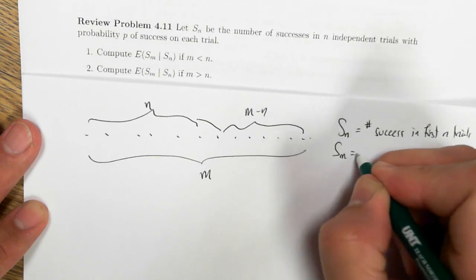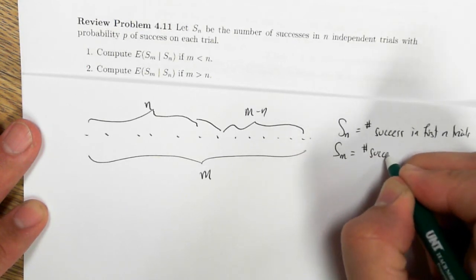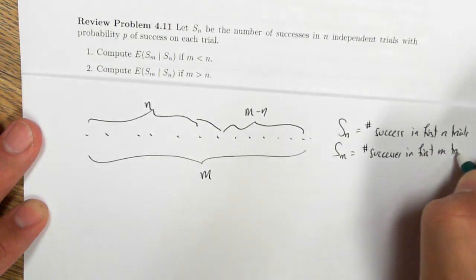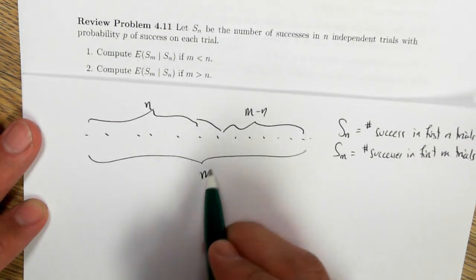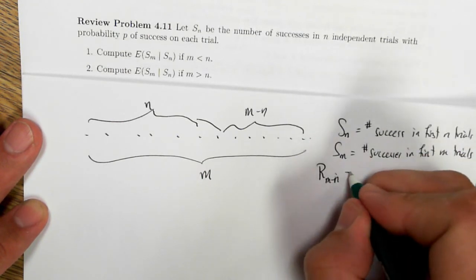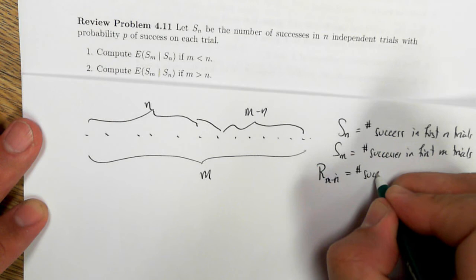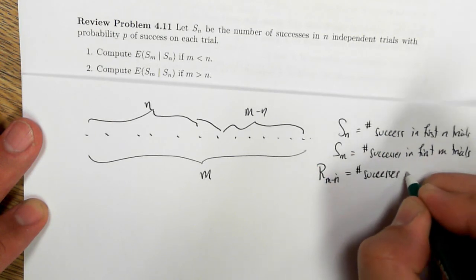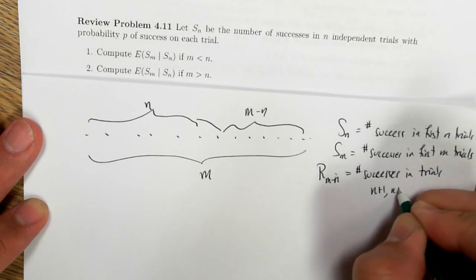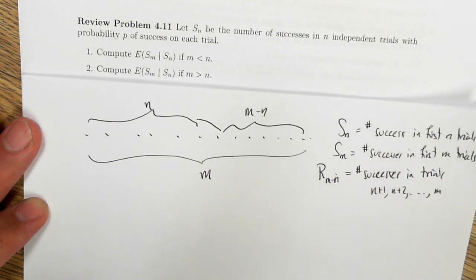Let S sub m be the number of successes in the first m trials. In this problem, m is greater than n, so the remaining number, R sub m minus n, will be the number of successes in trials n plus 1, n plus 2 through m.